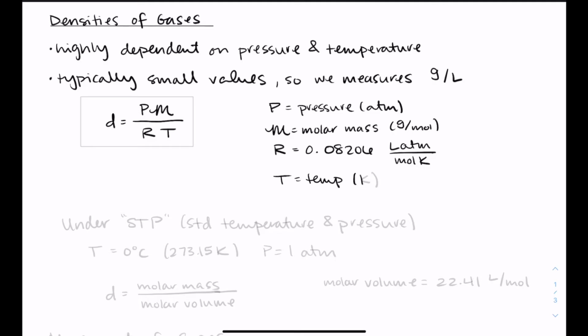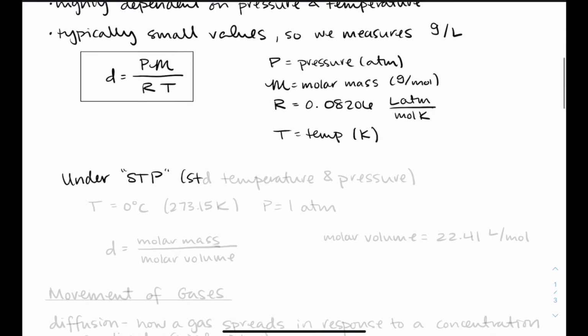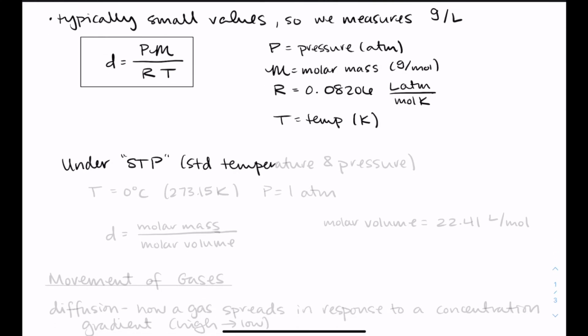Now, if we're at STP, which is just an abbreviation meaning standard temperature and pressure, which means 0 degrees Celsius or 273.15 Kelvin and 1 atmosphere, you can say that the density is the molar mass over the molar volume, where the molar volume is 22.41 liters per mole.